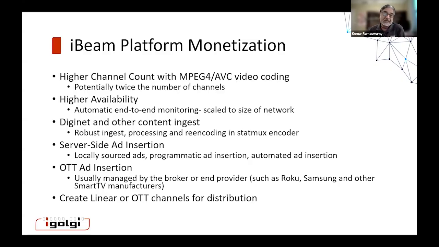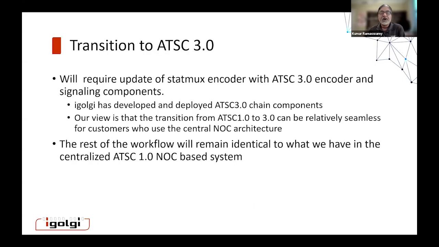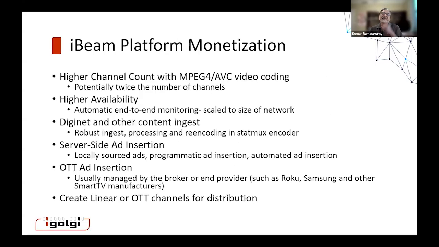Because this is actually totally enabled by the fact that GPUs and commercial off-the-shelf servers are extremely cost-effective in creating this kind of workflow. And so our belief is that broadcasters need to think about transitioning to become both content curators.